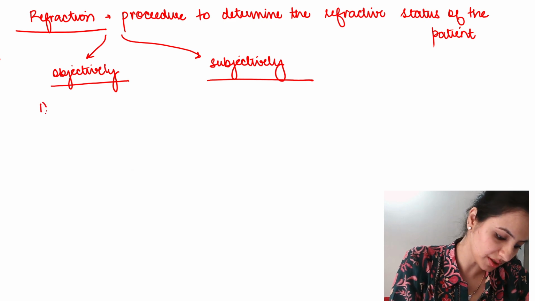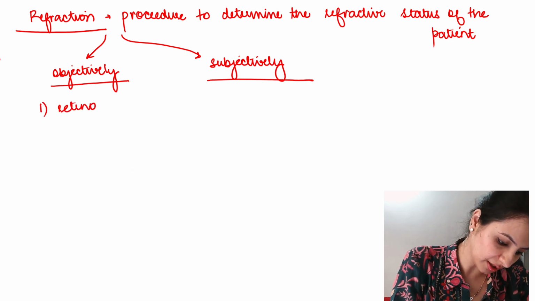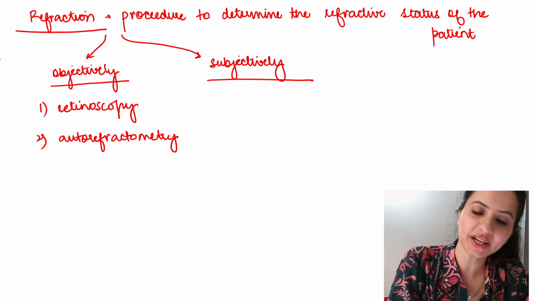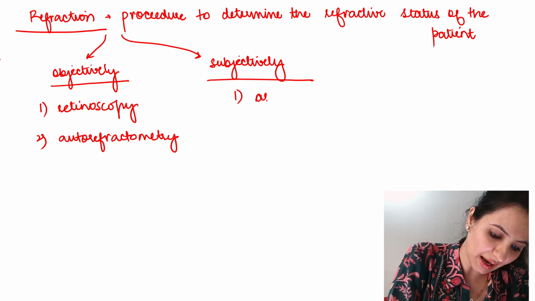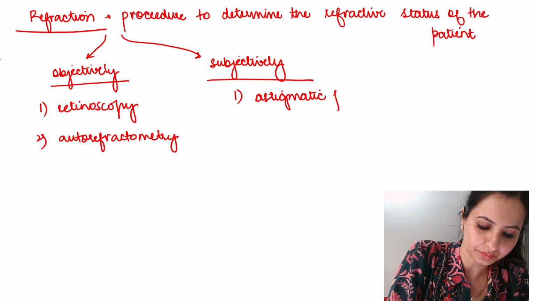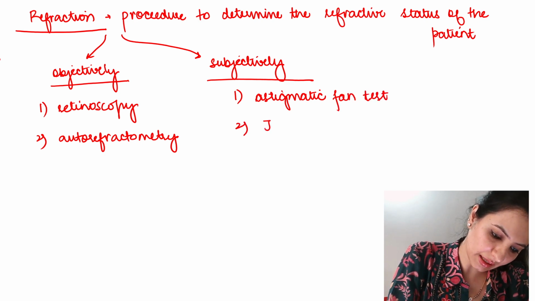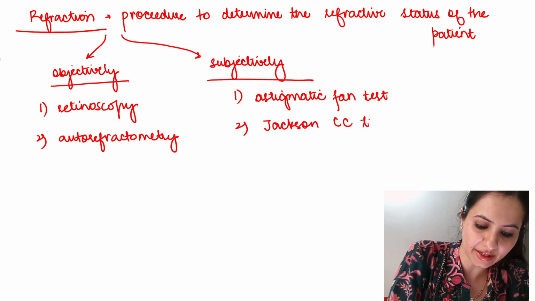Now, what are the objective methods of determining the refractive status? It includes number one, retinoscopy and number two, autorefractometry. Subjective methods include astigmatic fan test and Jackson cross-cylinder test.